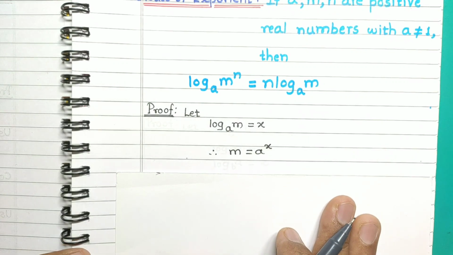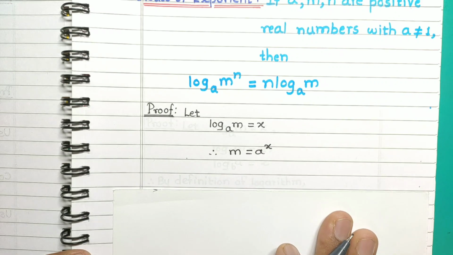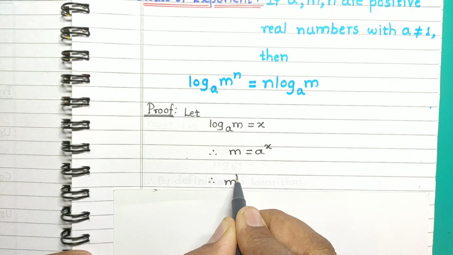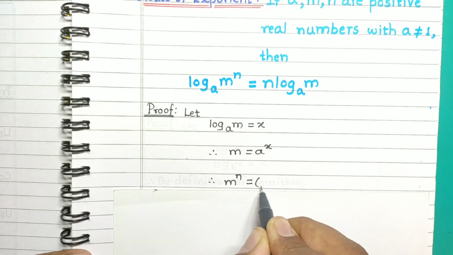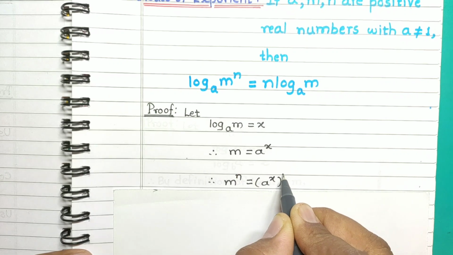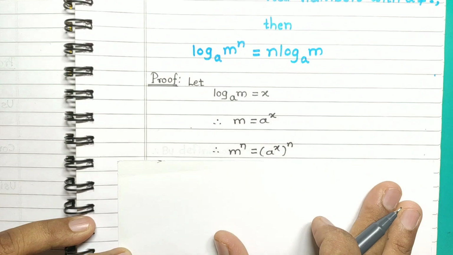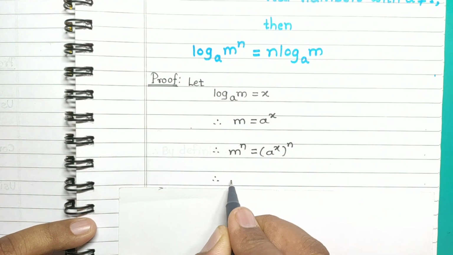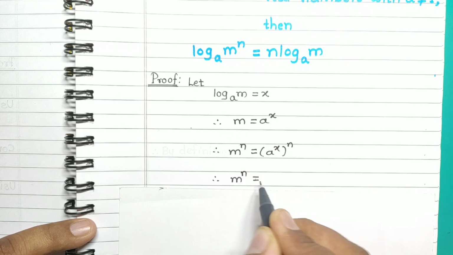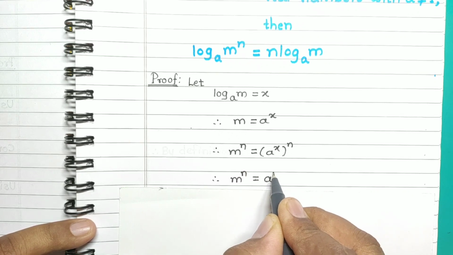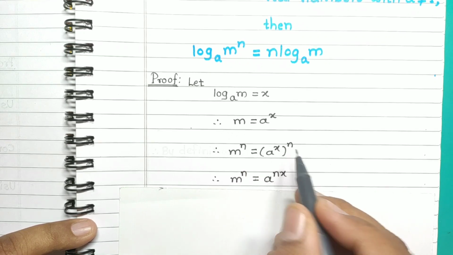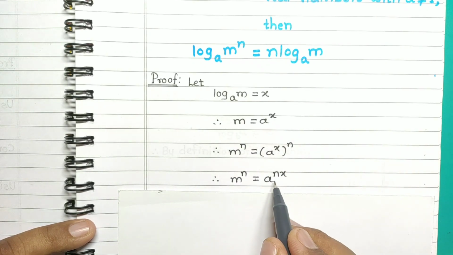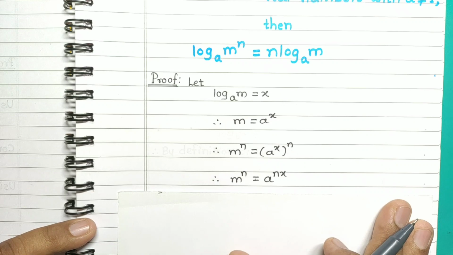Then taking the nth power on both sides, we get m raised to n is equal to a raised to x to the power n. Again, by rules of indices, we can write this as a raised to nx, product of these two terms. So we have m raised to n is equal to a raised to nx.